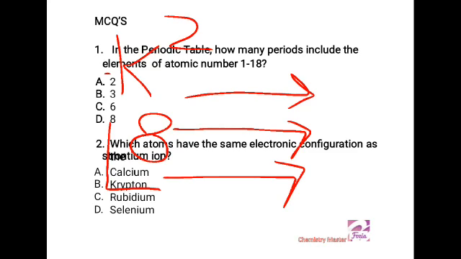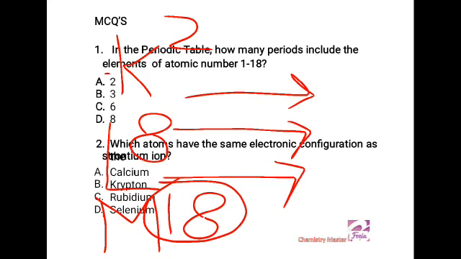And the third shell is M. Now M can have 18 electrons. This means the first period of the periodic table has only 2 elements in it. The second period goes up to proton number 8 elements. Then 18 elements must be plotted in the third row of the periodic table, meaning the third period of the periodic table.